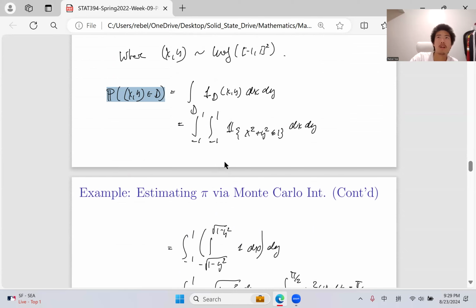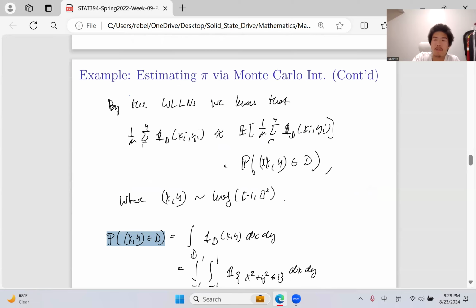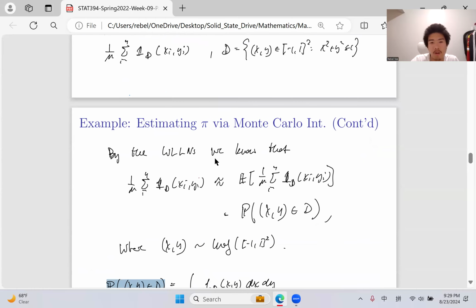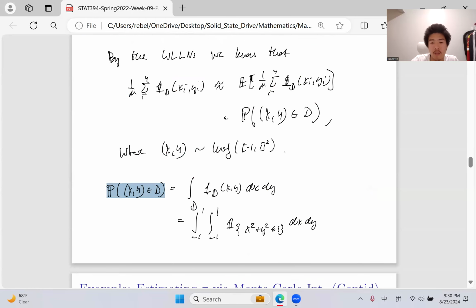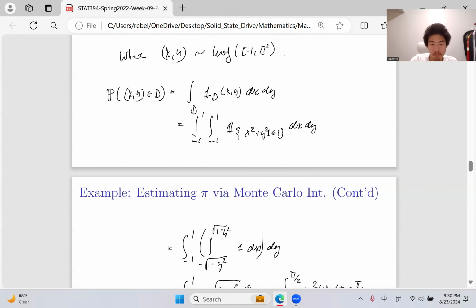You can also use polar coordinates if you want, but if you have not studied polar coordinates, you can use rectangular coordinates, which use this formula. This makes it look very complex, but because the integrand is just 1 in the center, it will be easy to calculate as 2 times this integral.